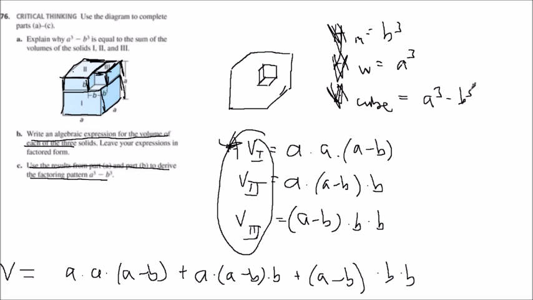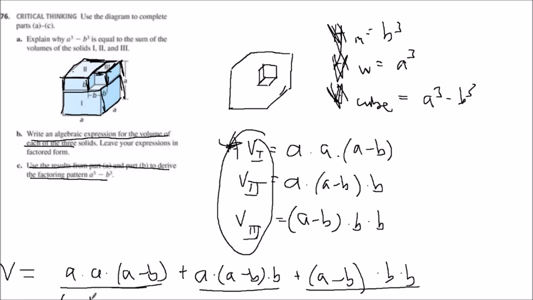I've been telling you to look at the greatest common factor every single time I tell you to factor, because it actually comes out useful in this case. The greatest common factor of these three terms is a minus b.